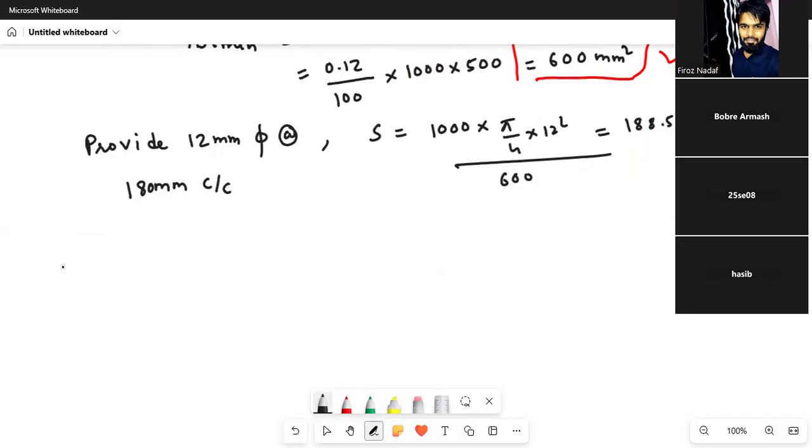So the next step is check for ultimate shear strength. Any question? Ultimate shear strength.